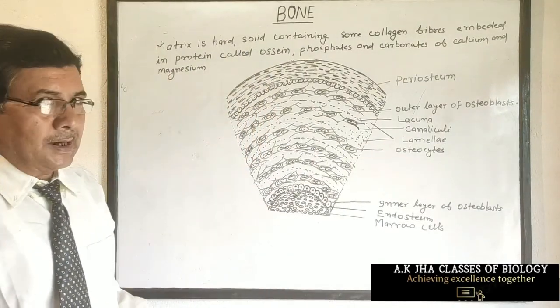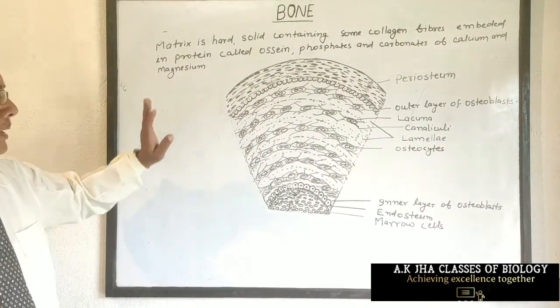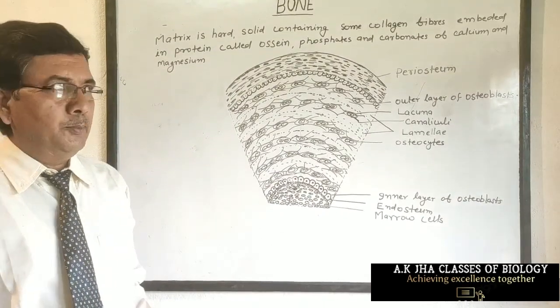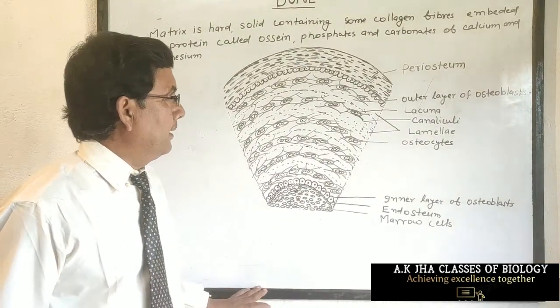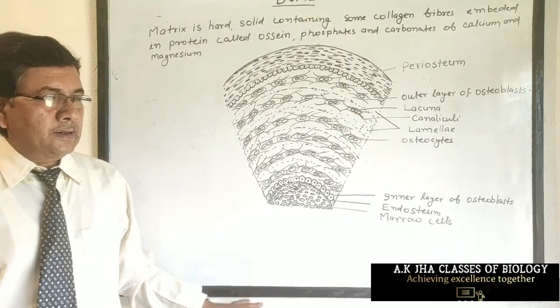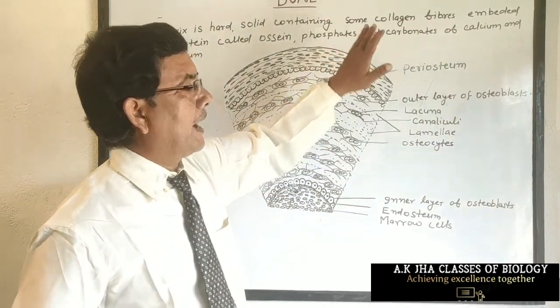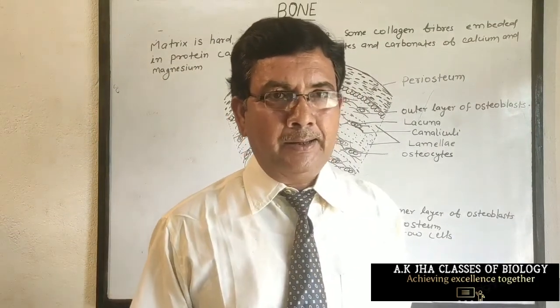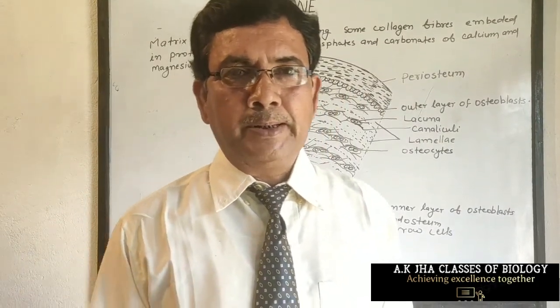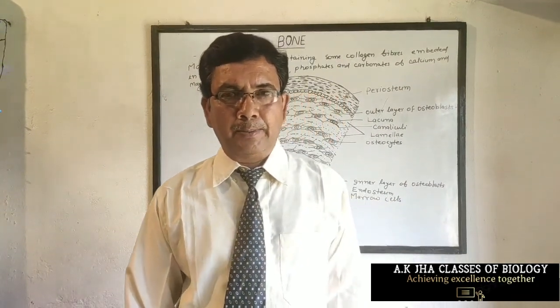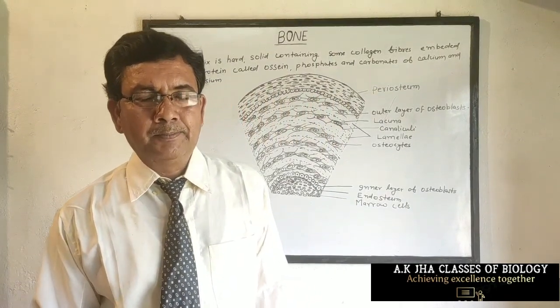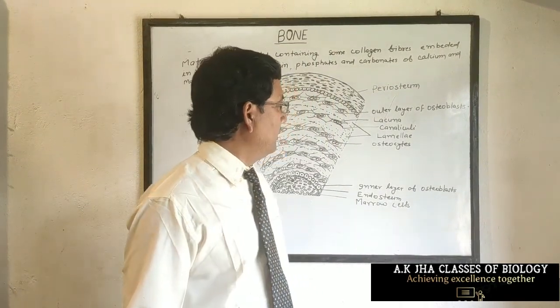These collagen fibers are embedded in protein. The protein present in bones is called ossein, and the inorganic salts present in the bone are phosphates and carbonates of calcium and magnesium. So due to the presence of phosphates and carbonates of calcium and magnesium, the bone becomes hard.